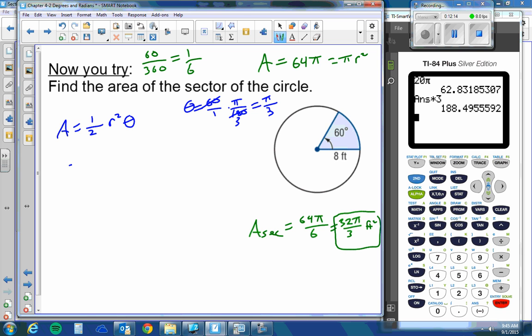So here, let me set it up. So you have 1/2, put r squared in the numerator like that, times pi over 3. Isn't that the same exact thing? 8 squared pi gives you 64 pi over 6, and you simplify. Okay, so you can use the formula. And here it wasn't bad, but you can also just kind of do it in your head.